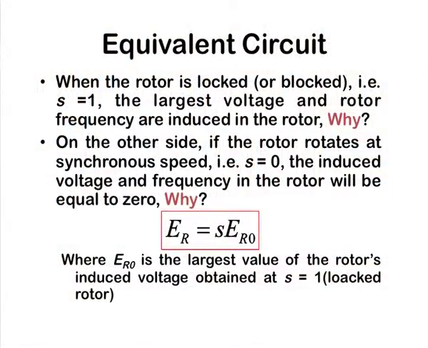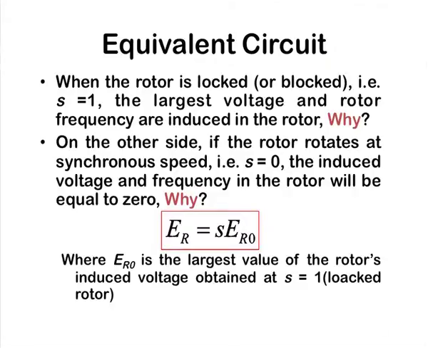When the rotor is locked, that is when slip is equal to 1, the largest voltage and rotor frequencies are induced in the rotor. On the other side, if the rotor rotates at synchronous speed, that is when slip is equal to 0, the induced voltage and the frequency in the rotor will be equal to 0, that we have already discussed.